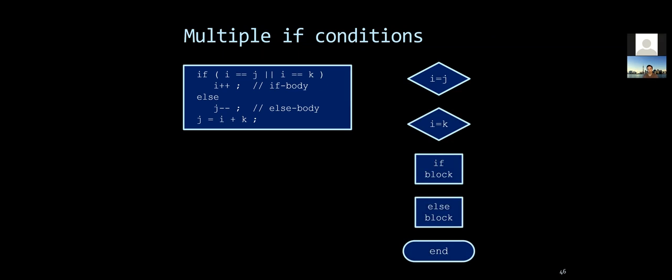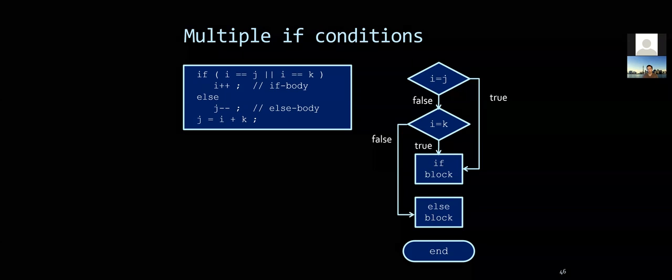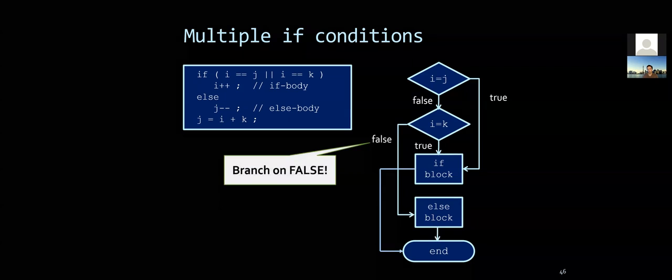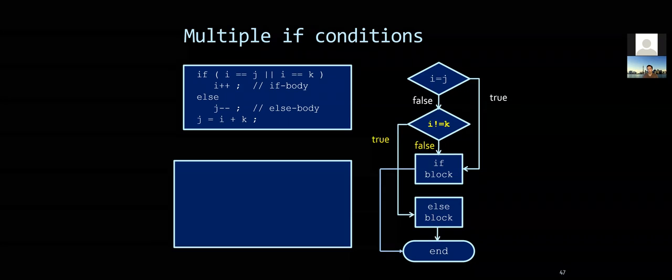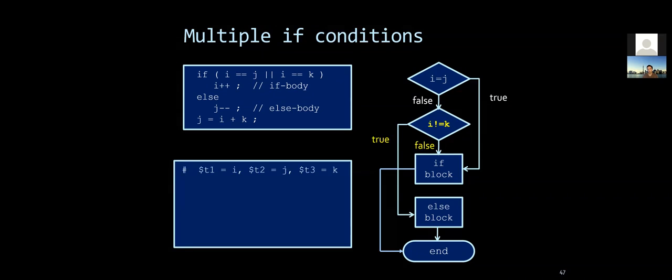For example, we go here if true, this is false, and if the second one is true, we go in here, right? Because it's or, and that's another direction if it fails, and the second one is false, right? And then we go here. And then we need to do branch and false, so everything flips. We see here. And this is how we generate the code.